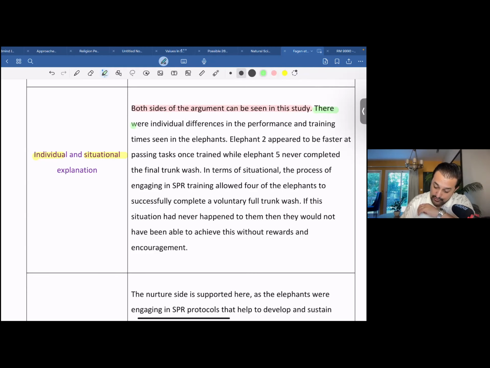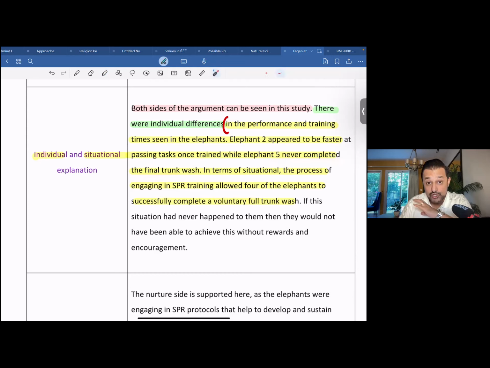There were individual differences. Let's exemplify this in the performance and training times seen in the elephants. Elephant 2 appeared to be faster at passing tasks once trained, while elephant 5, that is the adult elephant, never completed the final trunk wash.